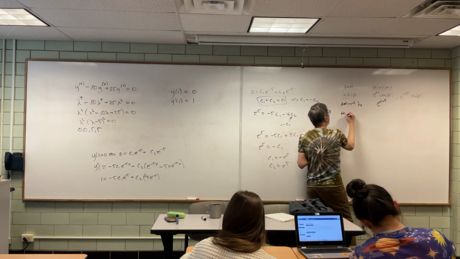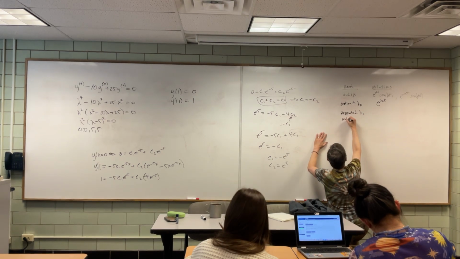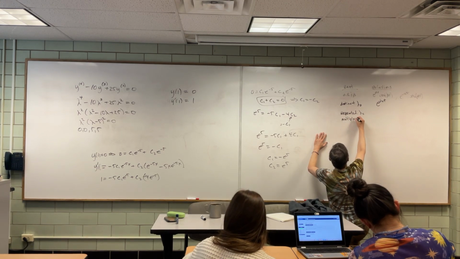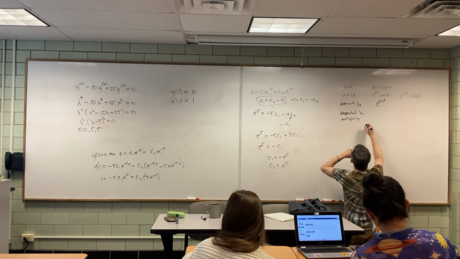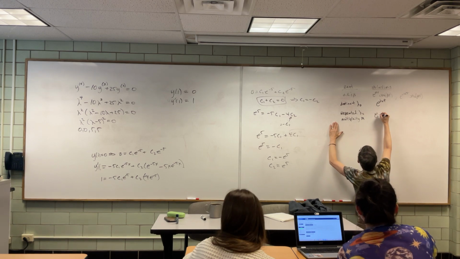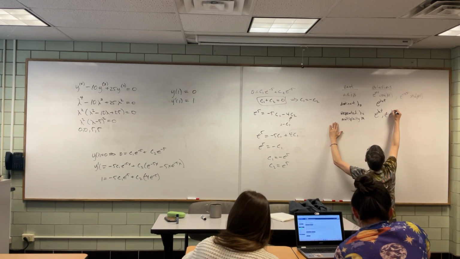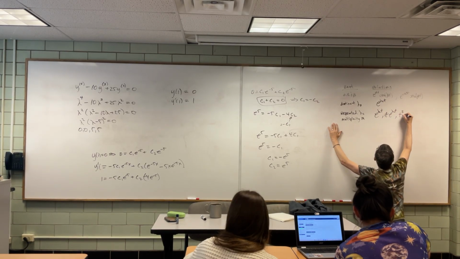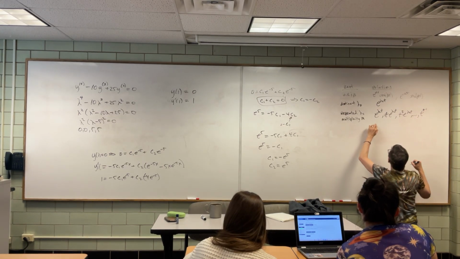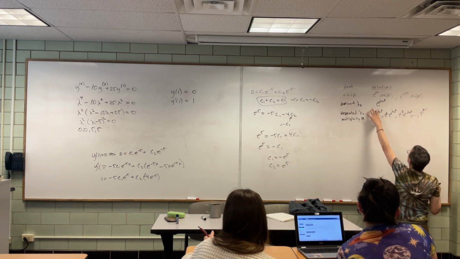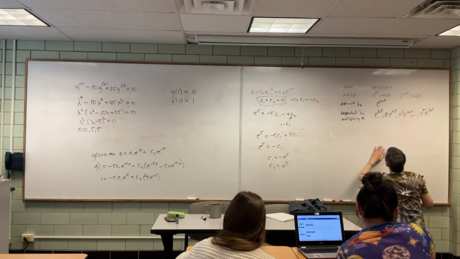If I have a repeated lambda naught of multiplicity m, and multiplicity is just the depth of the 0 over there, both those zeros had multiplicity 2, then I'm going to have e to the lambda naught t, t e to the lambda naught t, t squared e to the lambda naught t, all the way up to t to the m minus 1. You can think of this as there's a 0th power of t right here. So we started counting at 0, e to the lambda naught t.